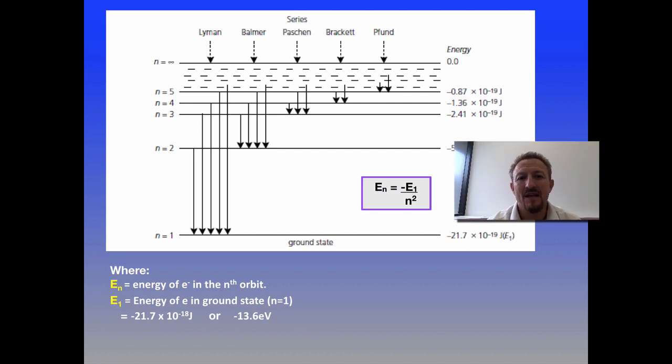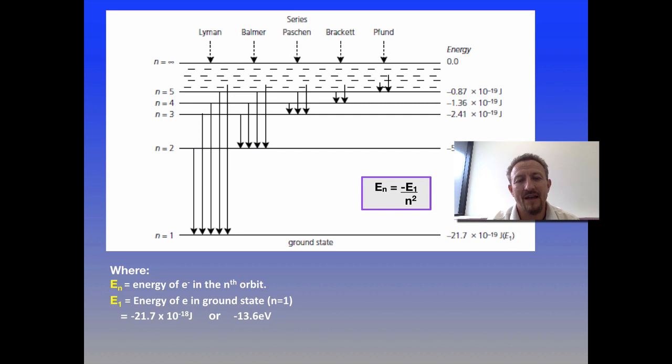And what they did was, as technology increased, we were able to identify light at different wavelengths, so the ultraviolet spectrum and also the infrared spectrum. So Pfund was looking up to the ultraviolet, whereas Lyman was looking at the infrared area.